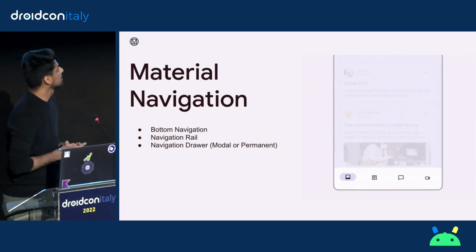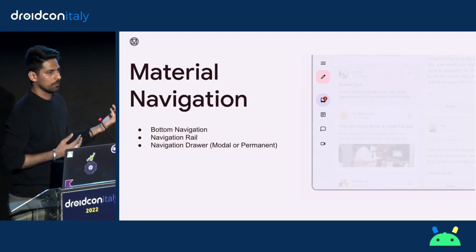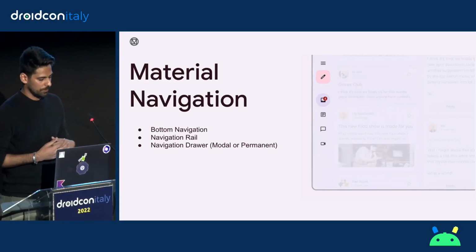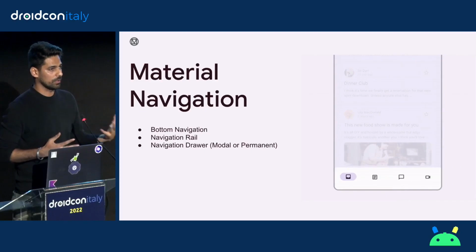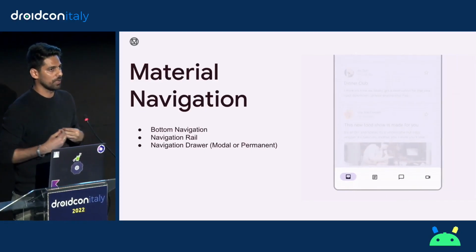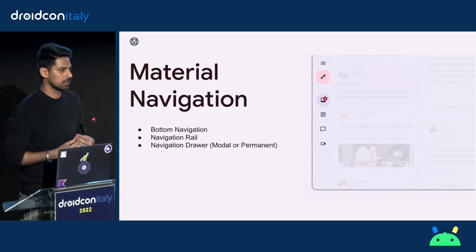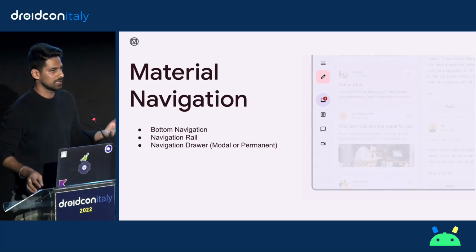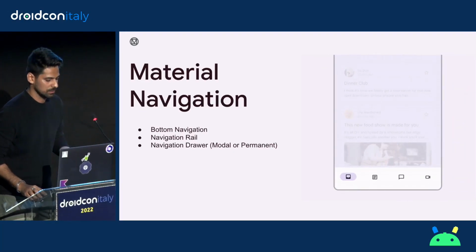Material provides a suite of navigation components. We have bottom navigation, navigation rail, and navigation drawer, modal or permanent, for all different kinds of situations. It's made to target different navigation on different screen sizes, and it automatically takes care of user accessibility, reachability, and ergonomics.